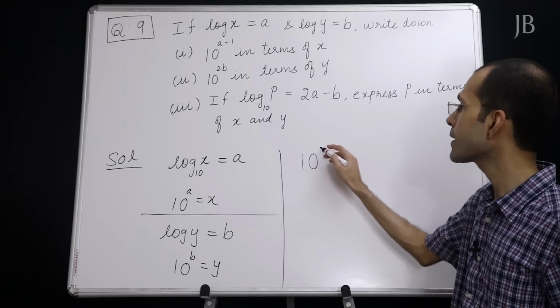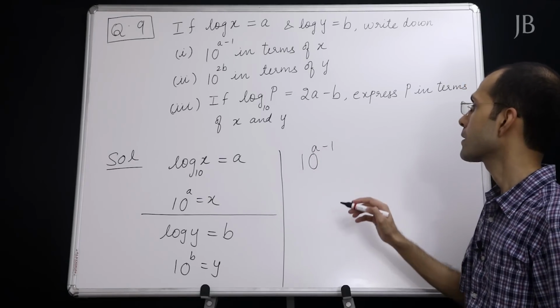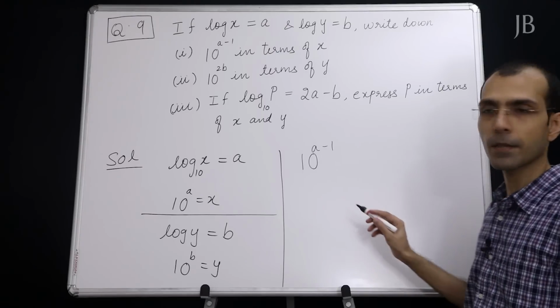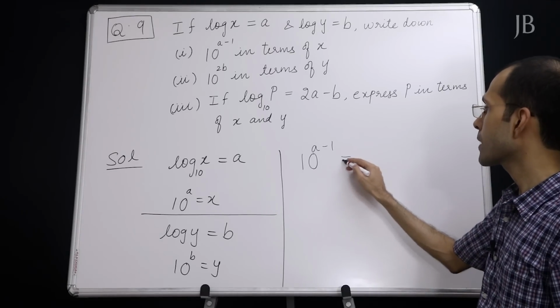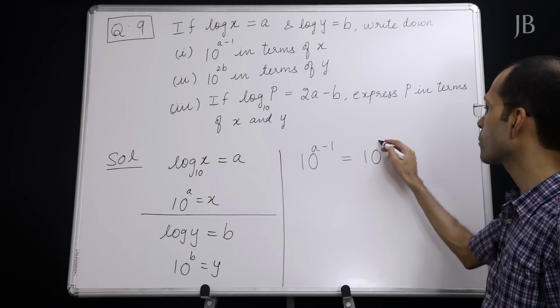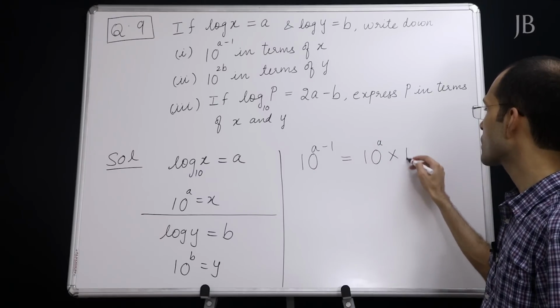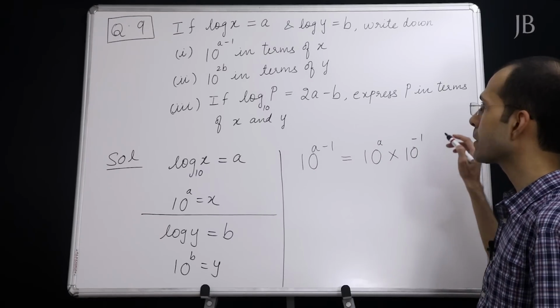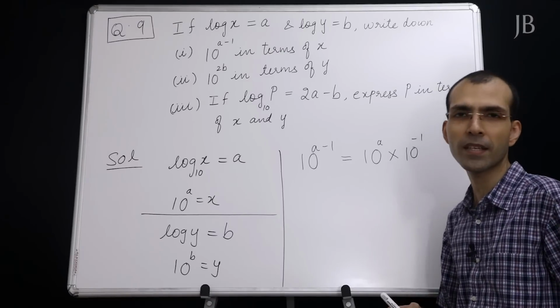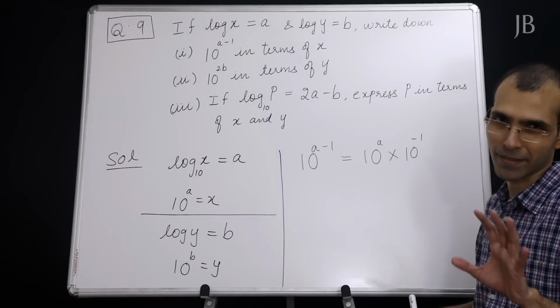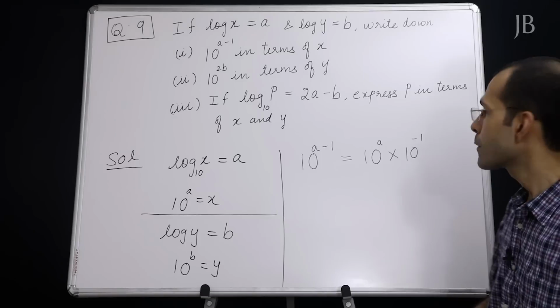Now we have to use these somehow. We have 10 raised to a minus 1. Power is a minus 1. The base is 10. So can't we write this as 10 raised to a into 10 raised to minus 1. See, before you do topic of logs, you should be fairly okay with indices, the basic sums at least.